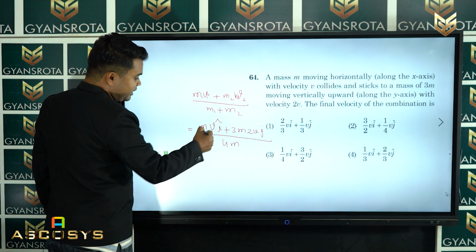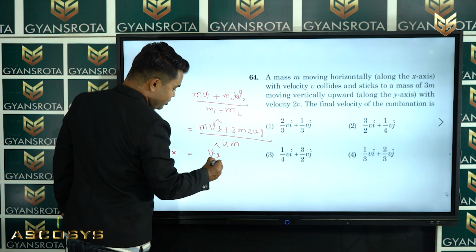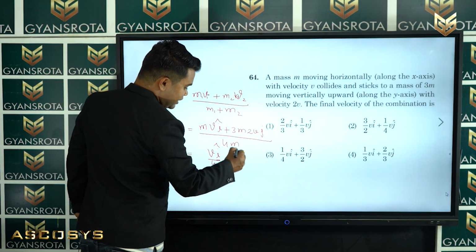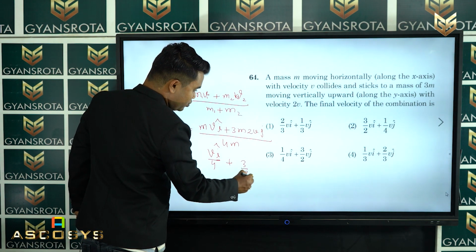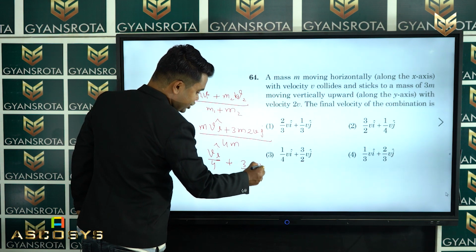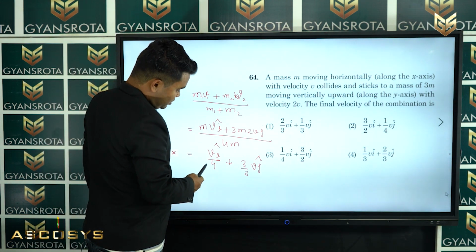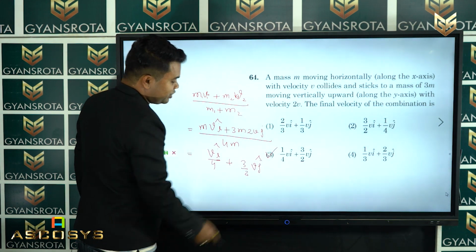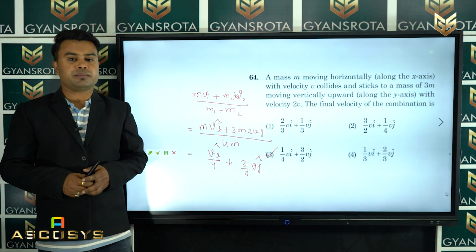So out here m and m get cancelled, so your answer will be v i cap by 4 plus, again 2 and 4 get cancelled out, it will be 3 by 2 v j cap. So look for the correct answer in the options. So 1 by 4 v i cap plus 3 by 2 v j cap, option number 3 is the correct answer. Now let us move to the next question, that is question number 65.